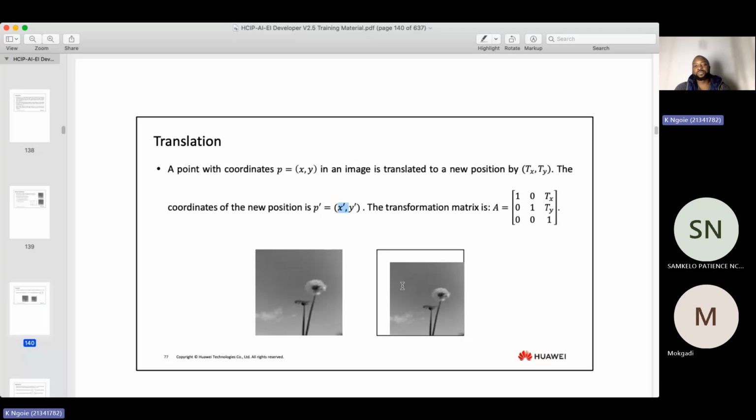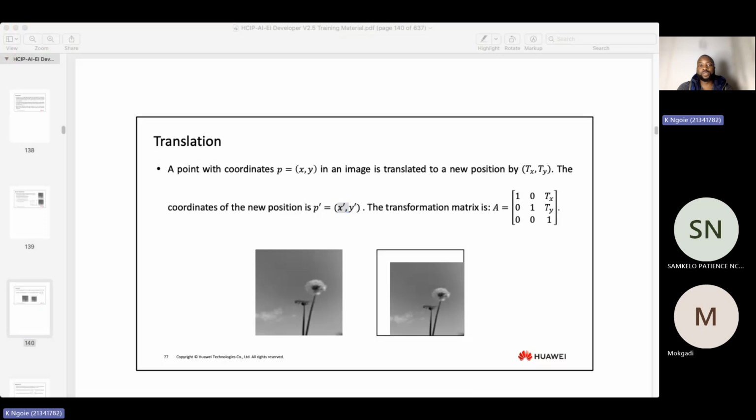On the normal frame, the picture has moved. It has been translated to different coordinates, but it keeps the same size. We do not increase the size or anything like that.